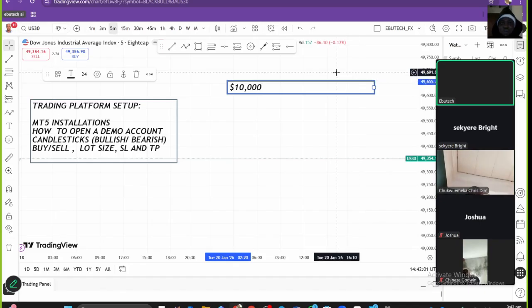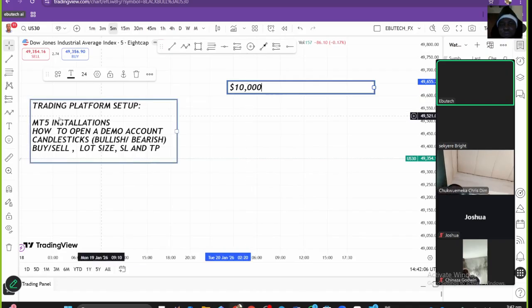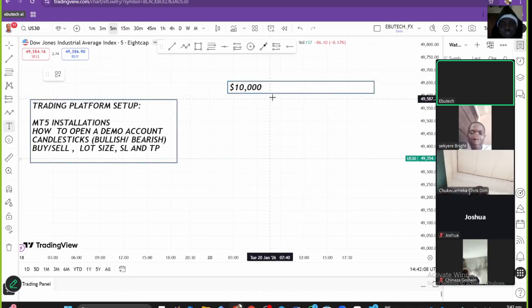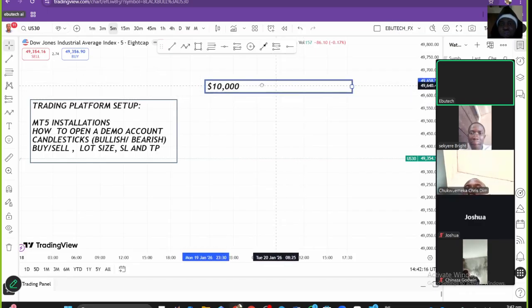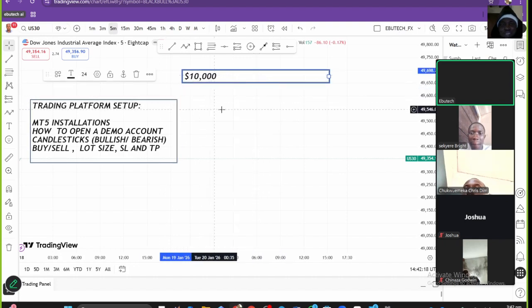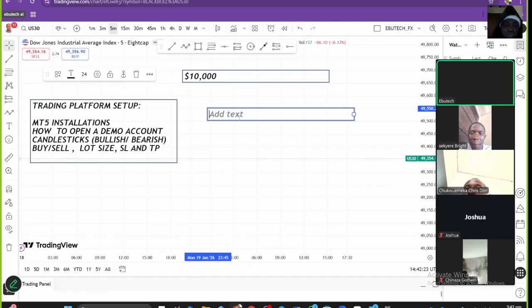Now, $1,000. We are going to be risking $1,000 per day. For that $10,000 account that you have, you are going to be risking $1,000, and that $1,000 we are dividing by 5.